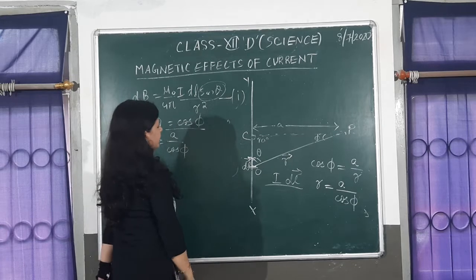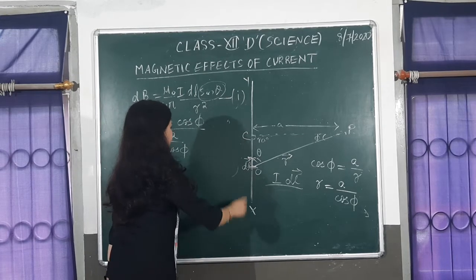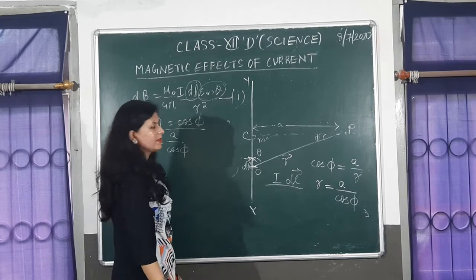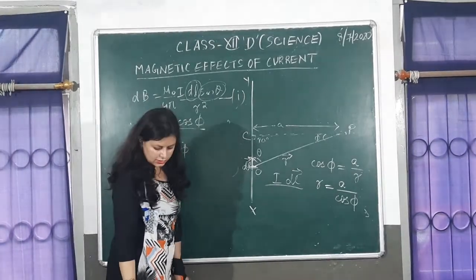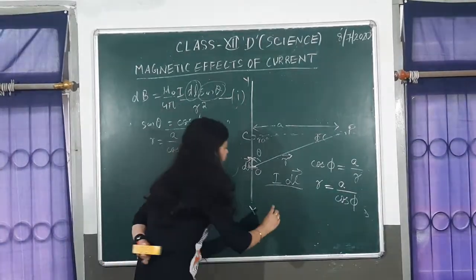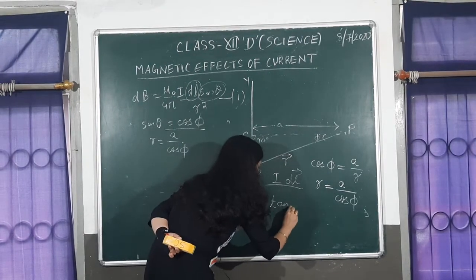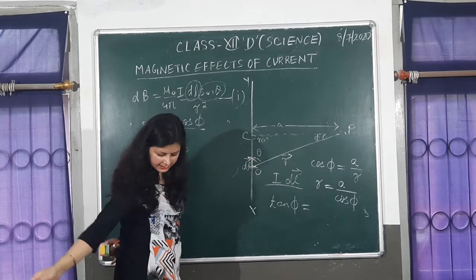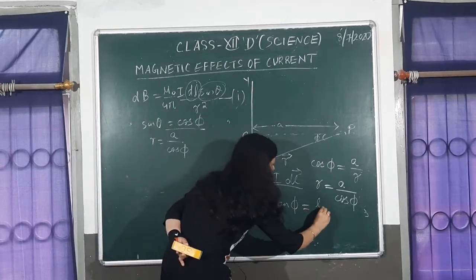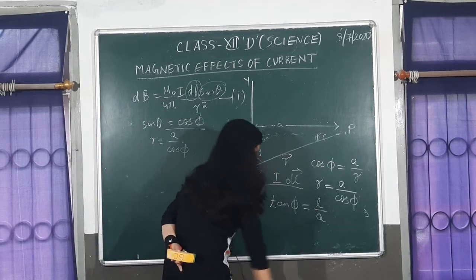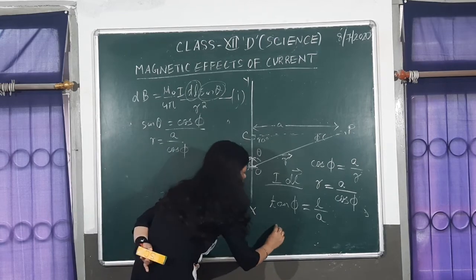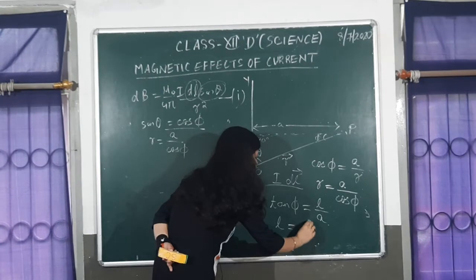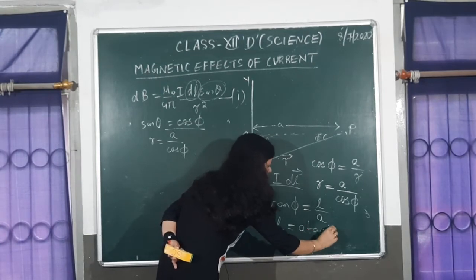Now one more variable that we have in this diagram is dl. We don't want the expression in terms of dl because it keeps on changing. So for dl, let me take tan phi. Again taking the same triangle, tan phi will be equal to L divided by A. So L will be equal to A tan phi.